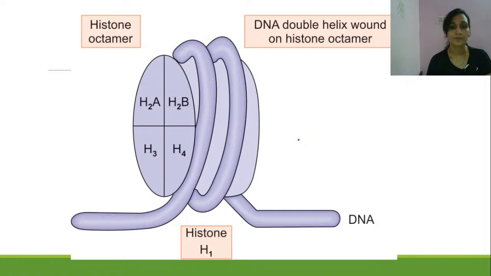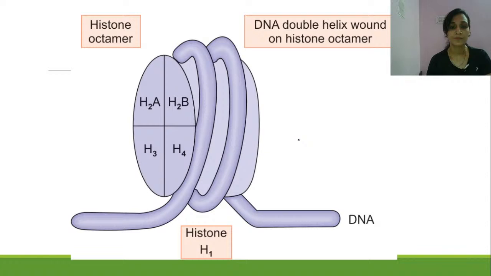Each and every histone protein is in double. This we have seen very well, that it is left-handed, 1.75 turn, and the diameter of the nucleosome is 10 nanometer. That's why it is also called the 10 nanometer fibril.